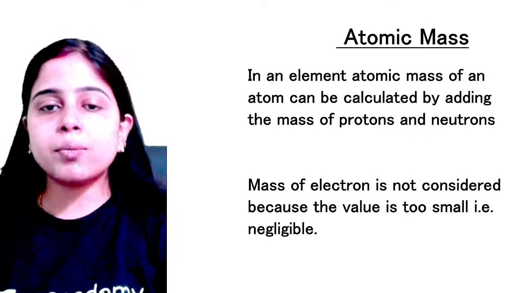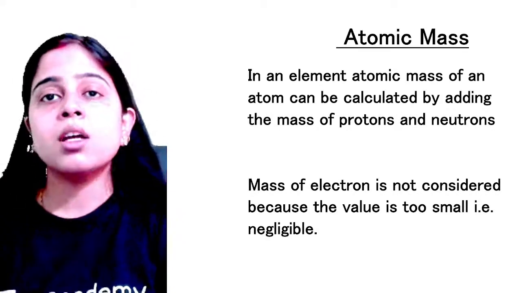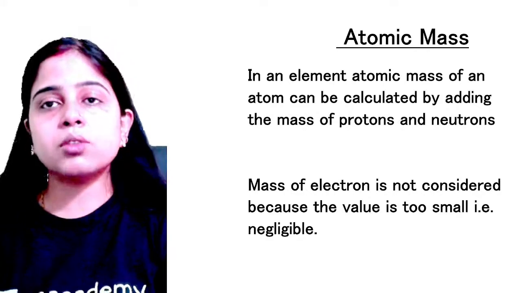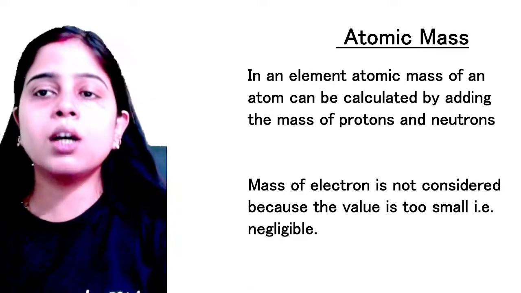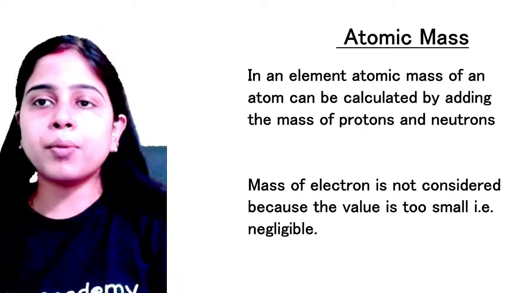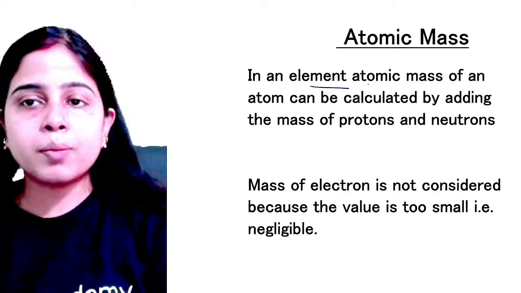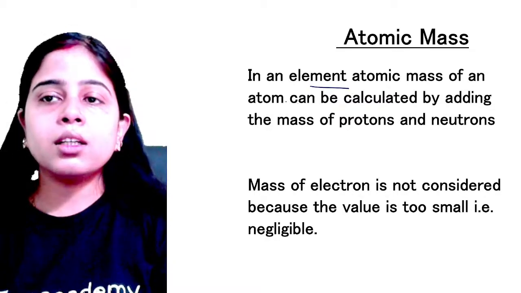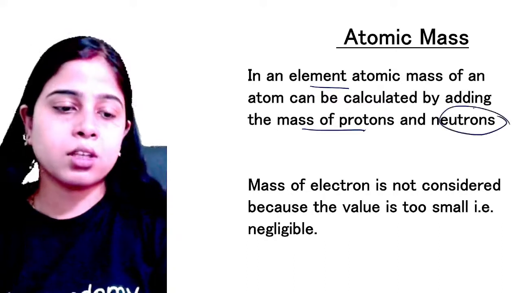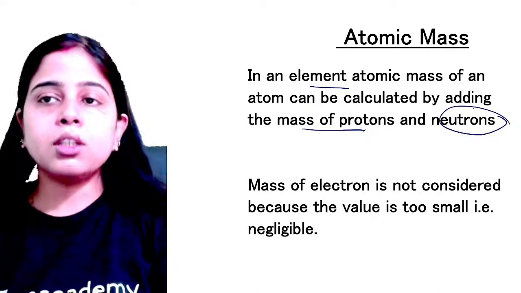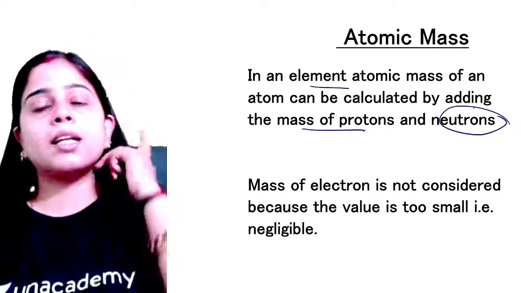Now atomic mass. What is your atomic mass? So let's discuss that first. Then we will proceed on to molecular mass, because to calculate the molecular mass you need to know the atomic masses of the atoms present in the molecular formula or chemical formula of any compound. So in an element, if you want to find out the atomic mass, how can you do that? You can calculate atomic mass by adding the mass of protons and neutrons. As you all know, your atomic mass can be calculated by adding the number of protons and the number of neutrons.